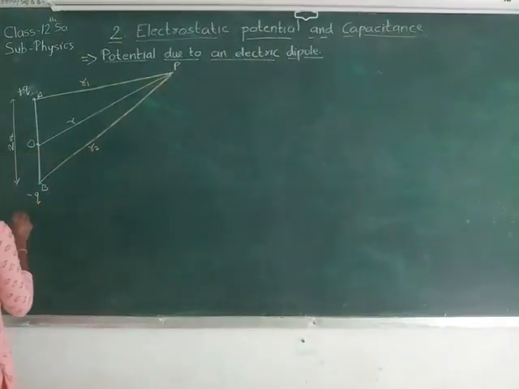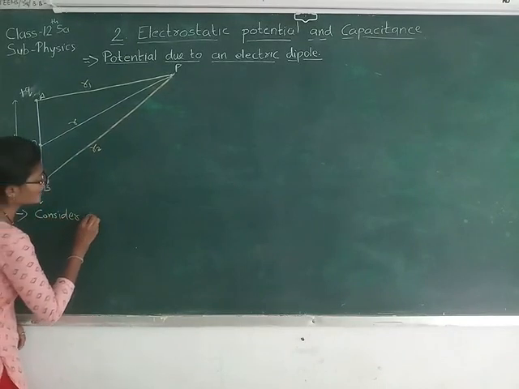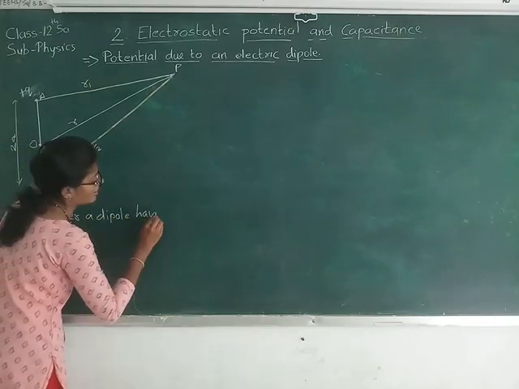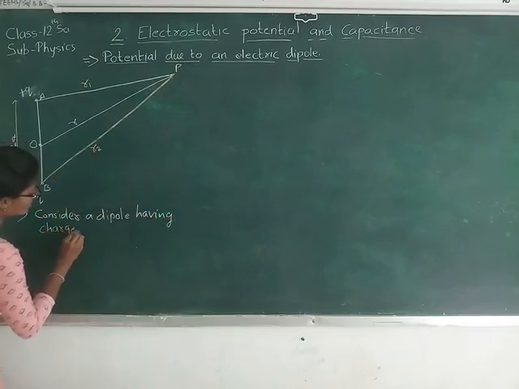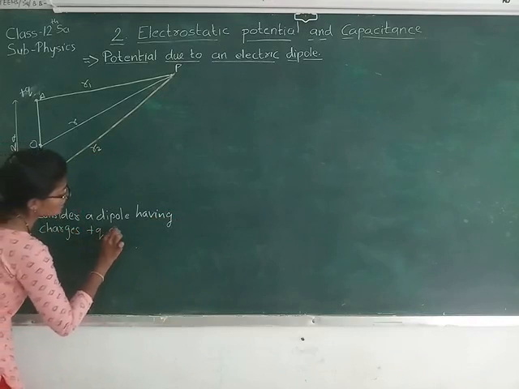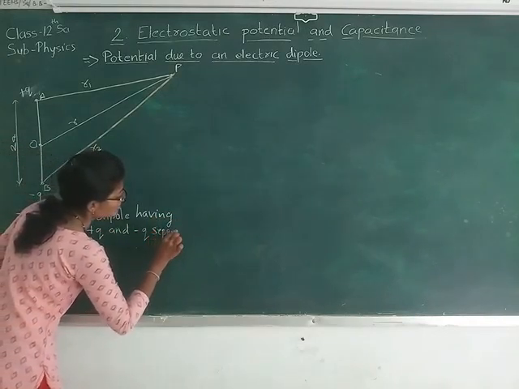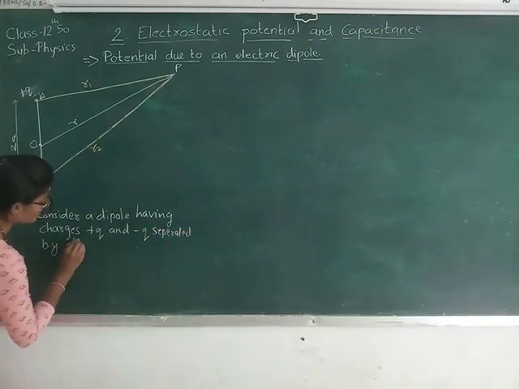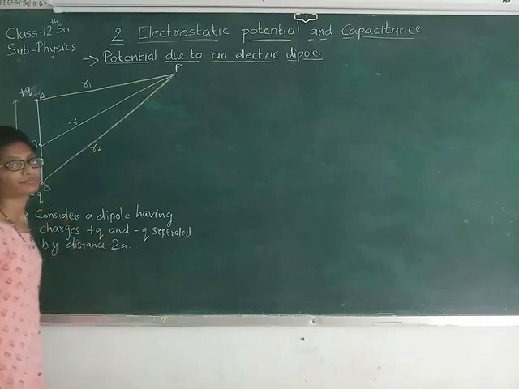So first of all, consider a dipole having charges plus Q and minus Q separated by distance 2a.